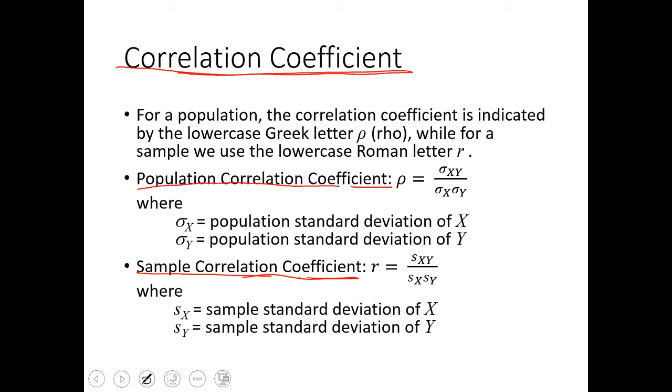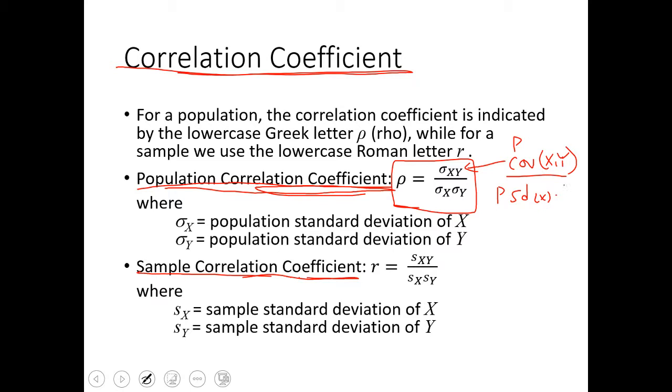So the population correlation coefficient is obtained by this equation: the covariance of x and y, of course the population covariance, divided by the population standard deviation of x times the population standard deviation of y.